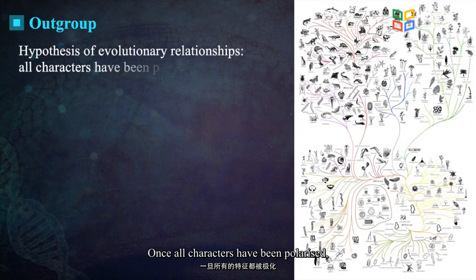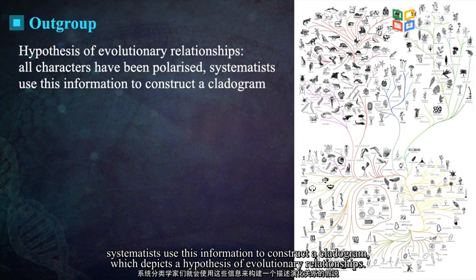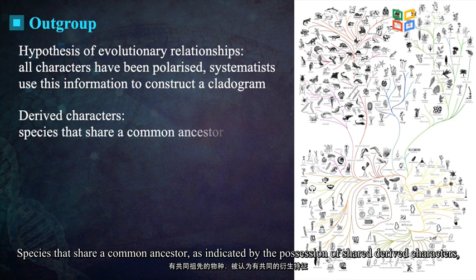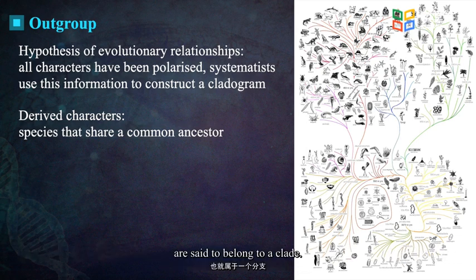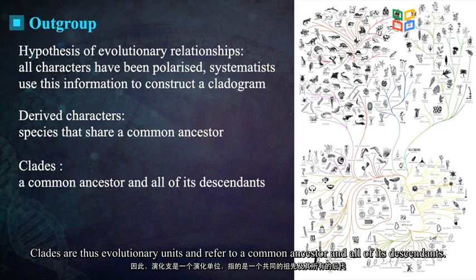Once all characters have been polarized, systematists use this information to construct a cladogram, which depicts a hypothesis of evolutionary relationships. Species that share a common ancestor, as indicated by the possession of shared derived characters, are said to belong to a clade. Clades are thus evolutionary units and refer to a common ancestor and all of its descendants.